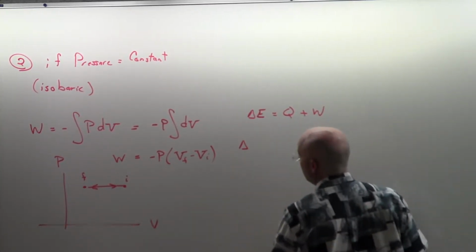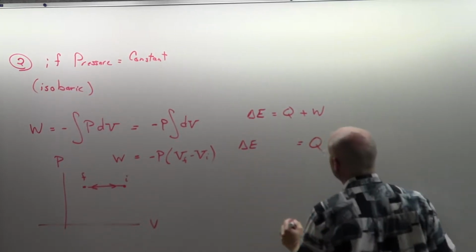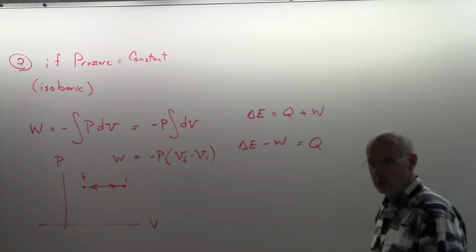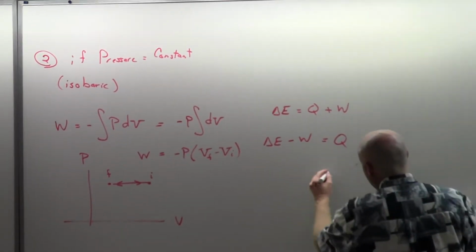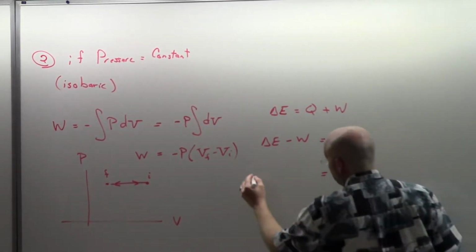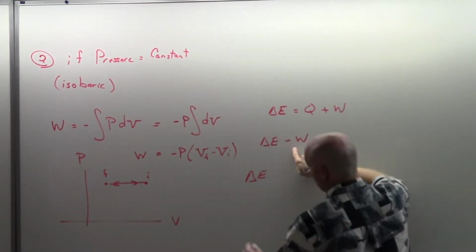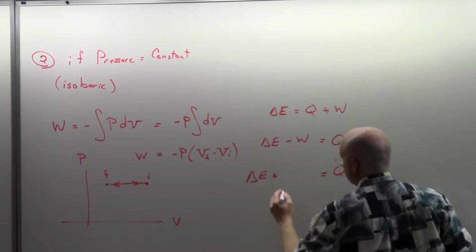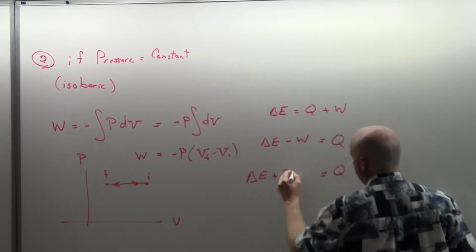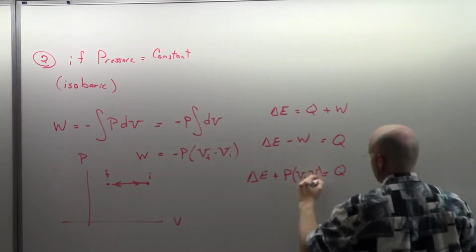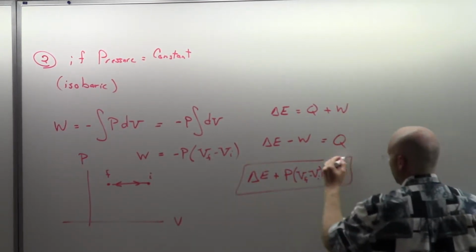I have to take the energy, the temperature change, and subtract the work. And so the Q becomes delta E, and when I put this into here, the two negatives cancel, and I get P final minus initial.